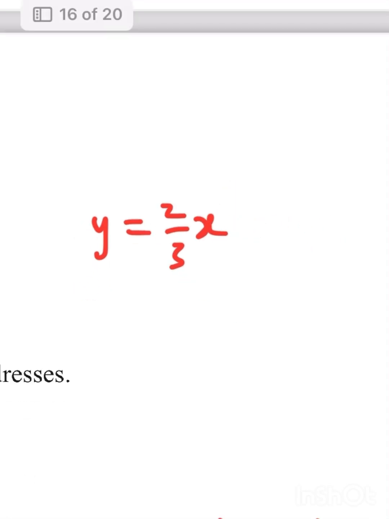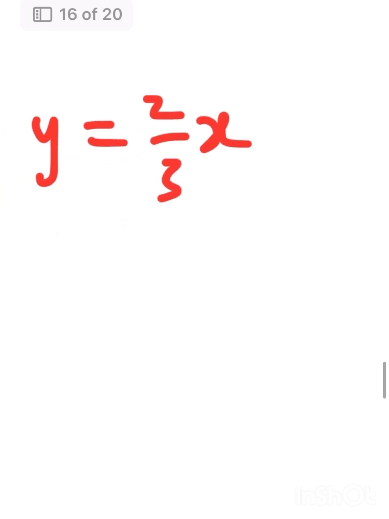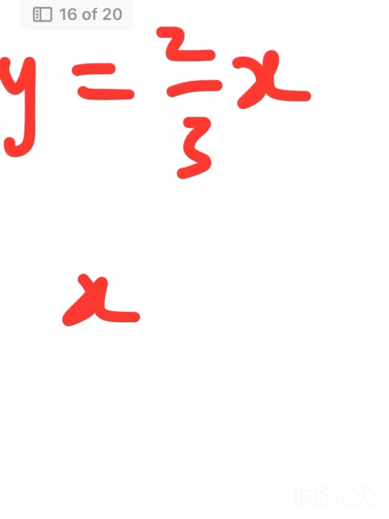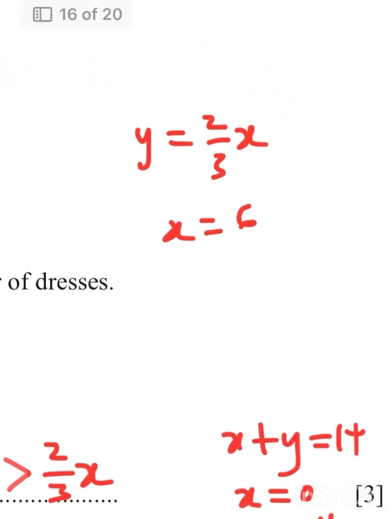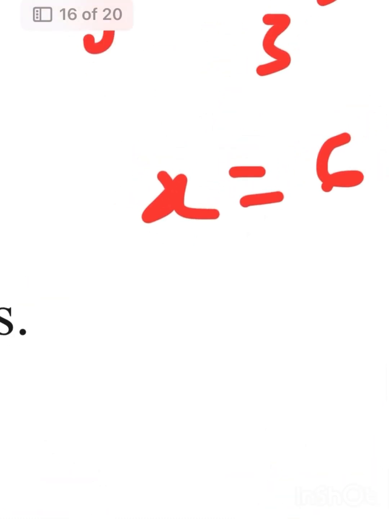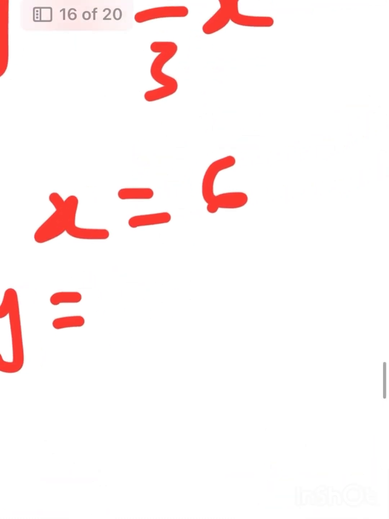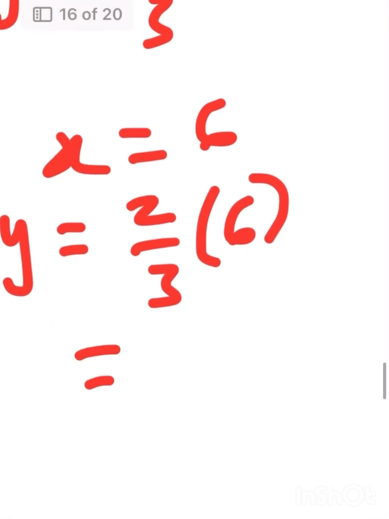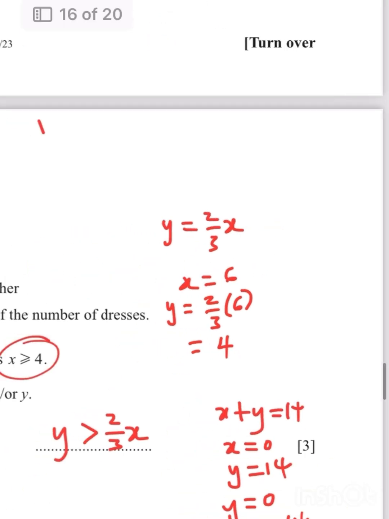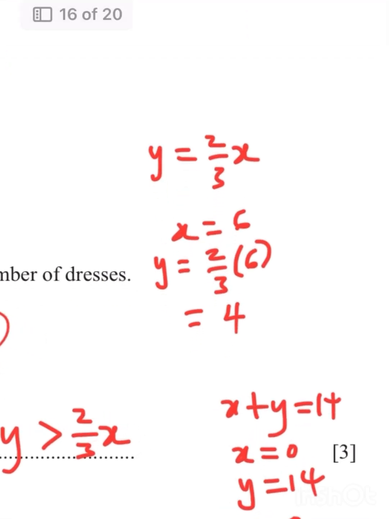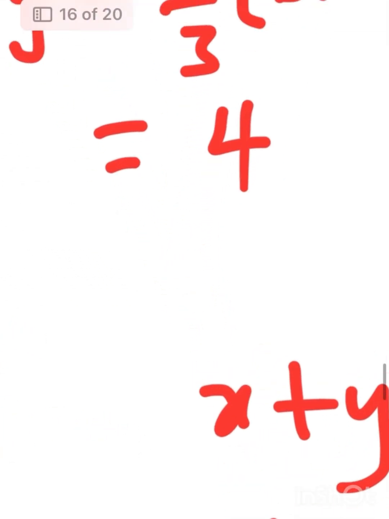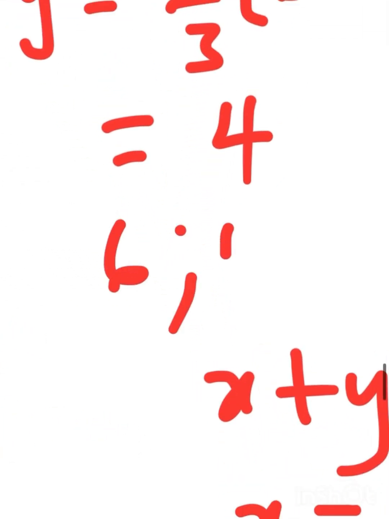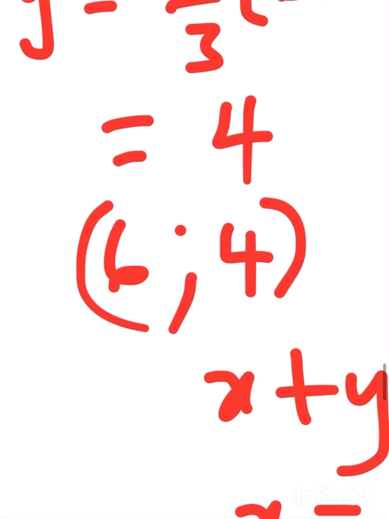Then I will pick random values to say when x is equals to, if x is equals to 6, so it actually means that y is equals to 2/3 of 6, which is equivalent to 4. Then so I have got the coordinates now, 6 and 4. These are the coordinates that I have.